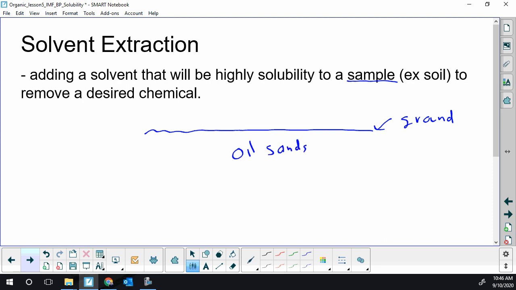I'm going to draw a slightly different example, a positive example, something that's done a lot in Alberta. This line is the ground. There's lots of oil sands down in the ground in Alberta. One method to get that oil out, instead of taking trucks and digging up the ground and literally scooping all that oil and refining it, is to solvent extract it.